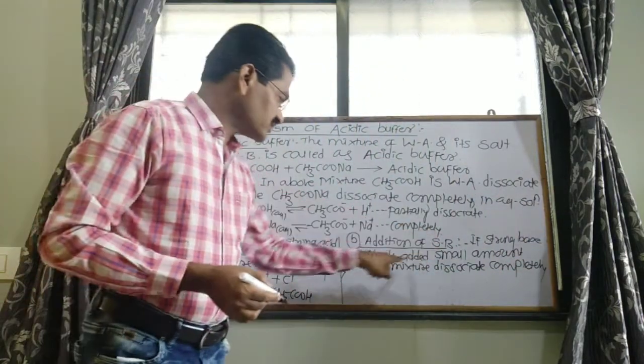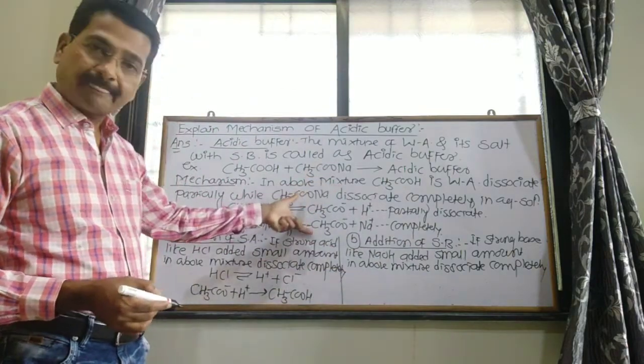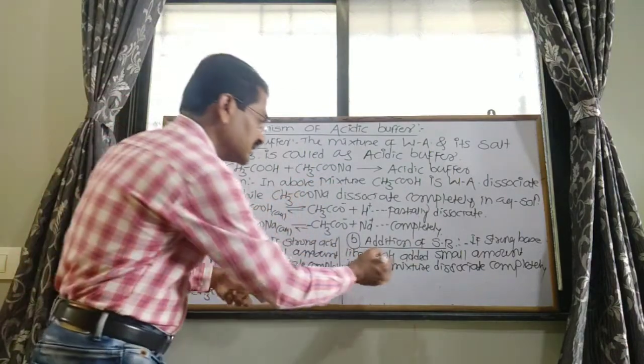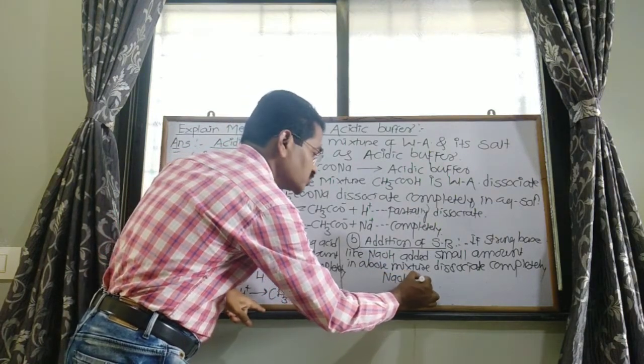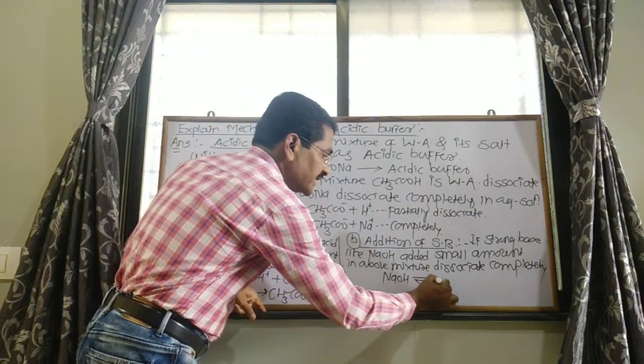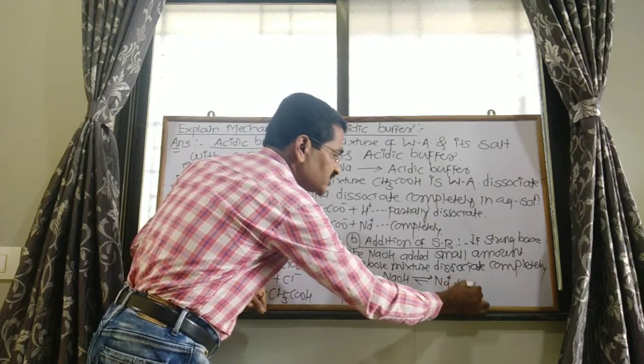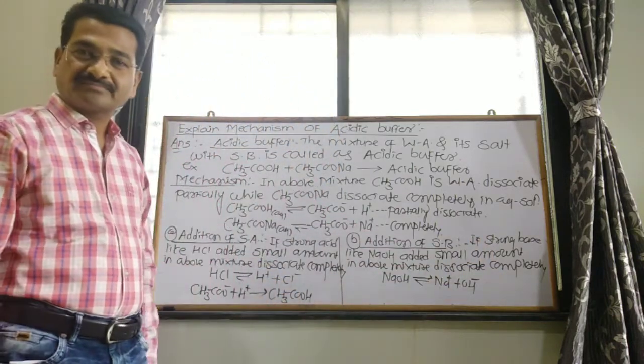Whenever the NaOH strong base is added in this mixture, then it gives what? NaOH can dissociate to give Na plus and OH minus ions.